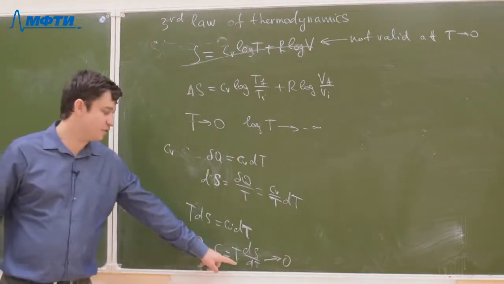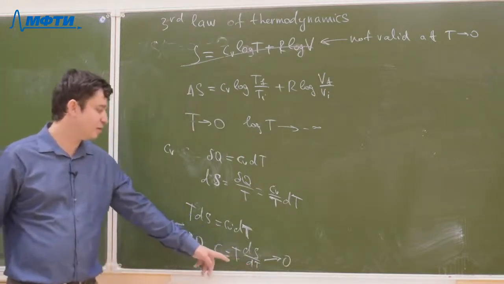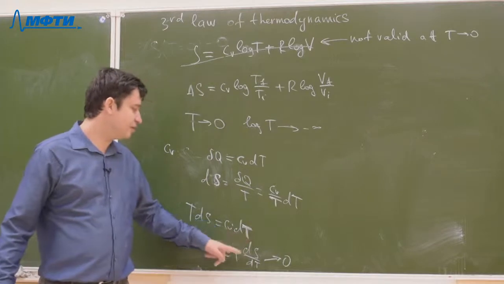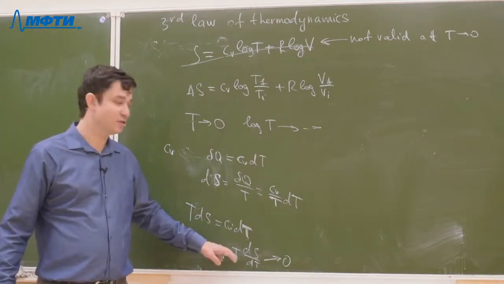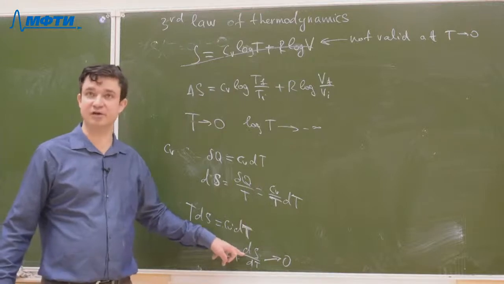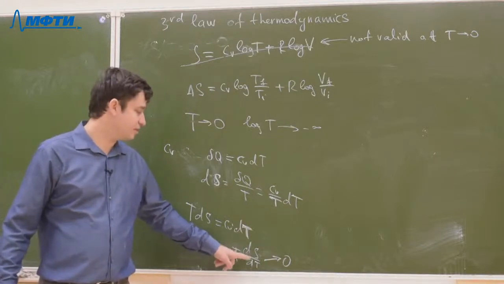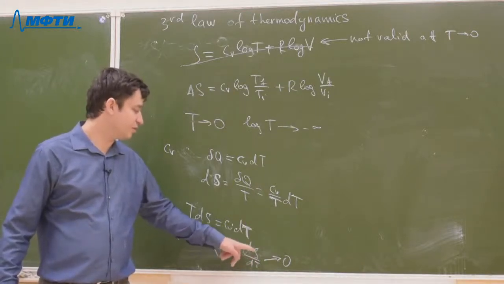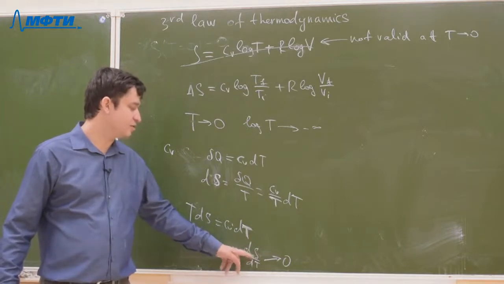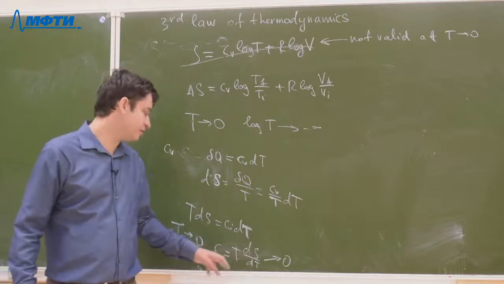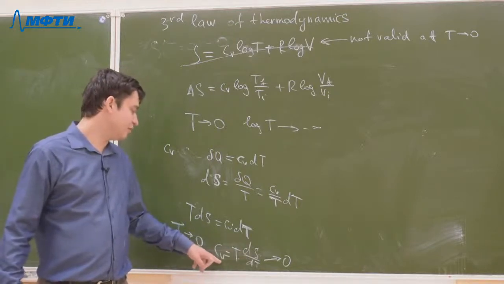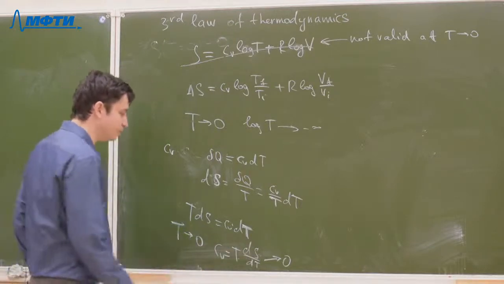Because we have temperature here which goes to 0, and dS over dT is some finite quantity, because we have assumed that S is finite everywhere. And that means that when we change temperature, to some finite changes of temperature correspond finite changes of entropy, leading to the fact that CV approaches 0.